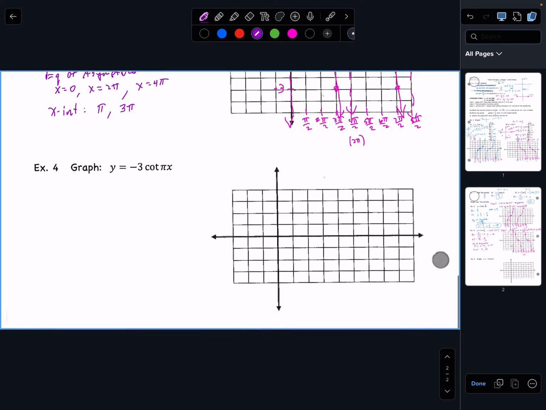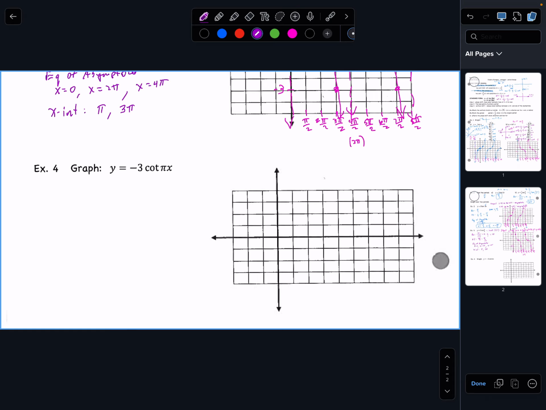Okay, so in example 4, y equals negative 3 cotangent pi x. Well, because this is negative, you're going to get a flip. Your period is going to change, but with cotangent, since there's no shift right or left, or up or down, you're still going to have an asymptote, and then you're going to go the length of the period to the right, divide that into fourths, which is why we do key increments by period divided by 4, and then it will start at negative 3, go to 0, and go to positive 3.